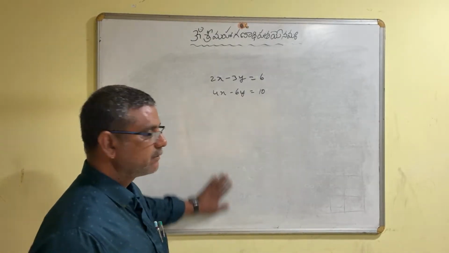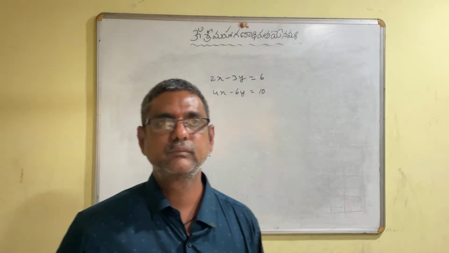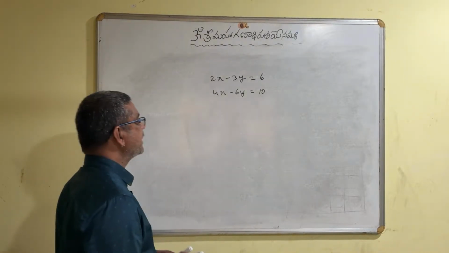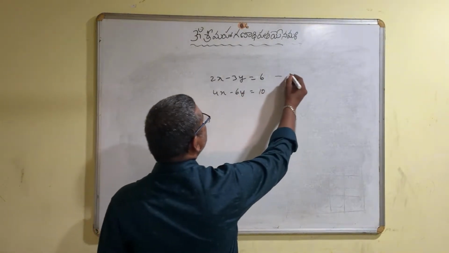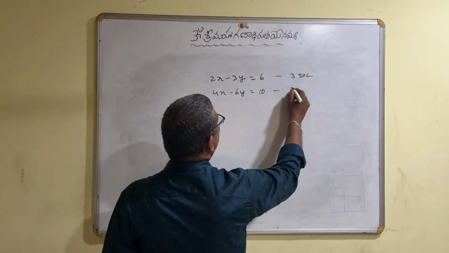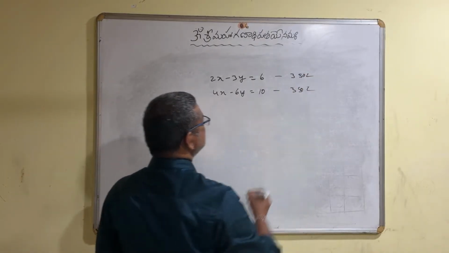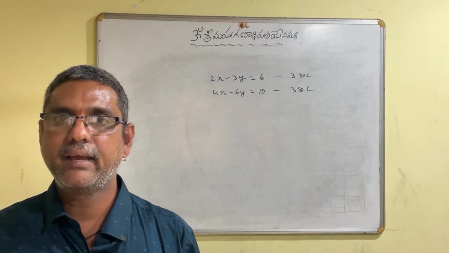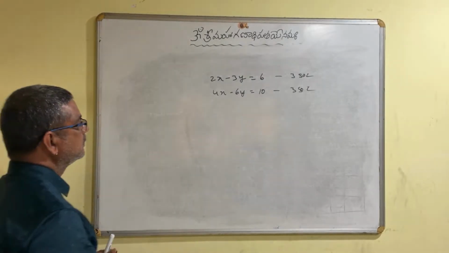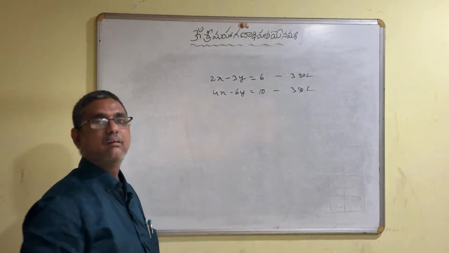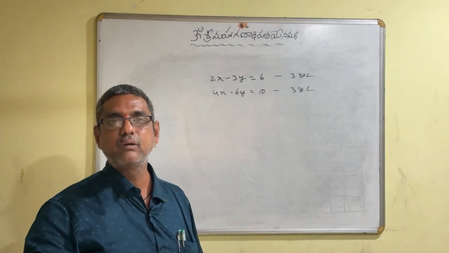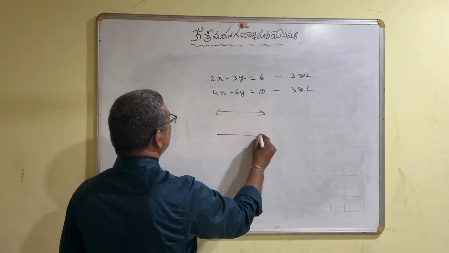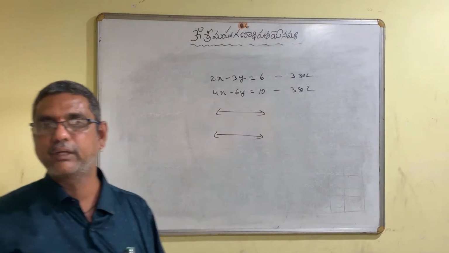If you do it taking 3 solutions for this and for this, and drawing its graph, and after drawing the graph you can see that these two lines are parallel, then no common solution.